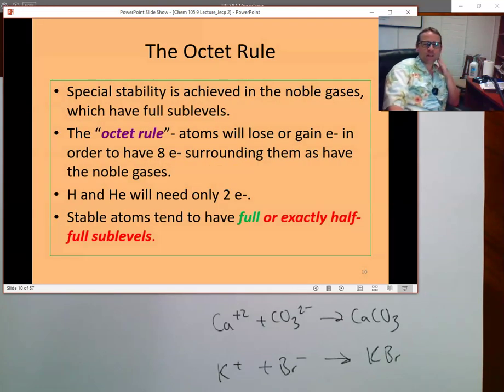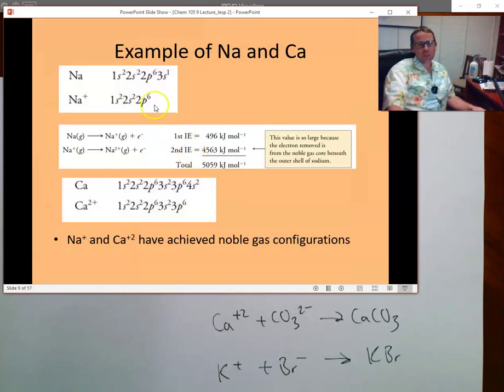All right, this octet rule, we just don't spend a lot of time talking about the octet rule because it's good for some things but not good for others. But the term octet rule stems from this, where we see that in the end, sodium has 1, 2, 3, 4, 5, 6, plus 2, 8 electrons in its outer shell when it loses that valence electron.